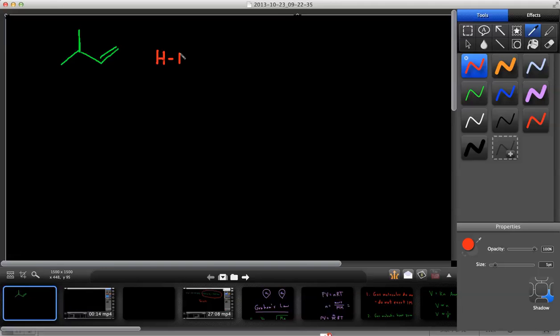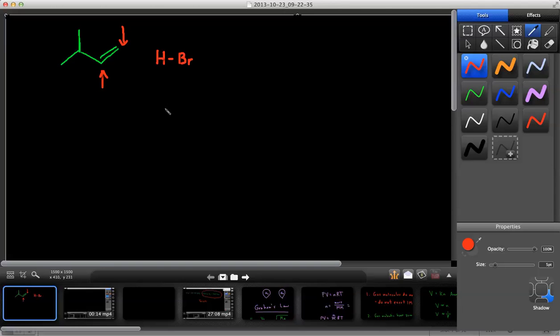When it is not a symmetrical alkene, when there is a difference between carbon 1 and carbon 2, which of these carbons gets the hydrogen, and which of these carbons gets the bromine?